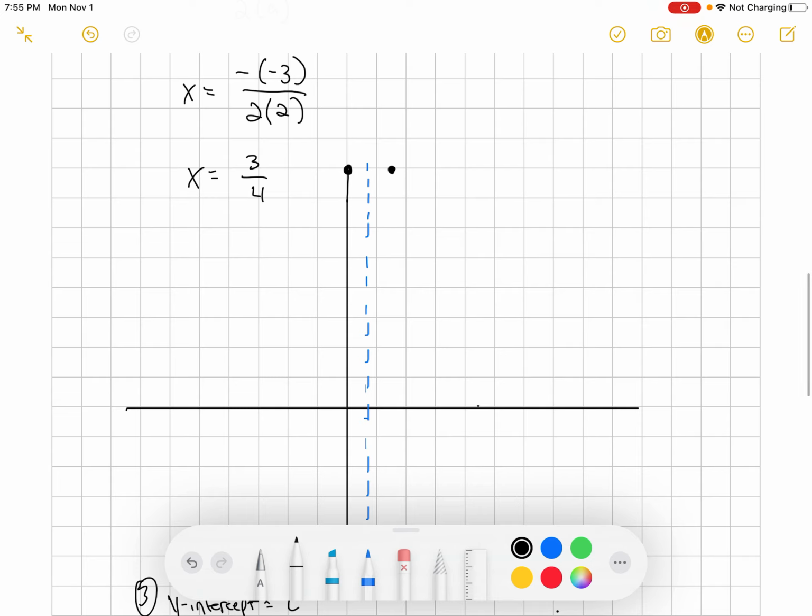So we're on our axis, and we want to go up to 6.88. So 1, 2, 3, 4, 5, 6, almost to 7, right here. That is my minimum point, and now let's just connect our dots. And it's a U shape. There's your quadratic.